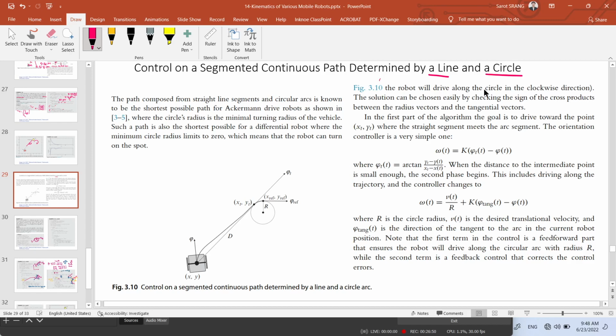From the start here, or the instantaneous point here, to the goal here, we need to construct a circle with the radius that a car can move along. This is the smallest circle that the car can move along.